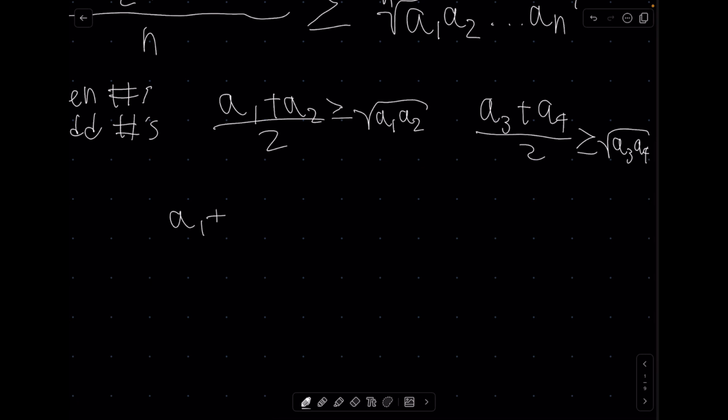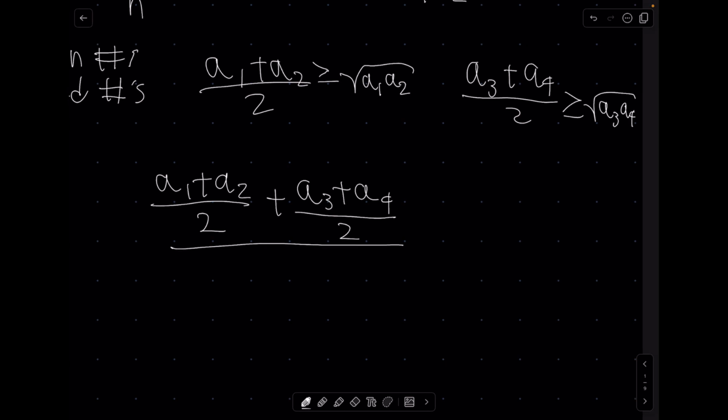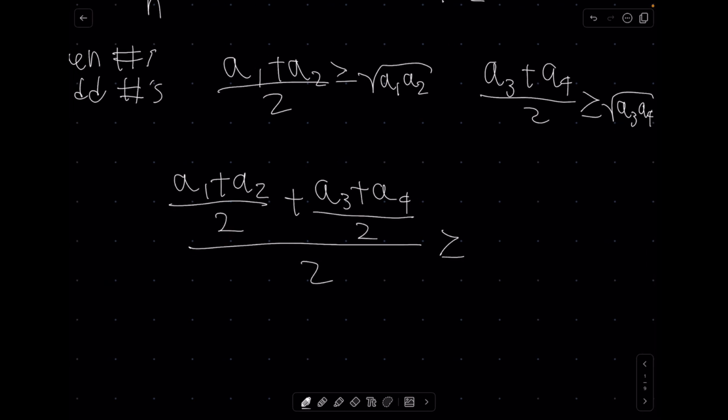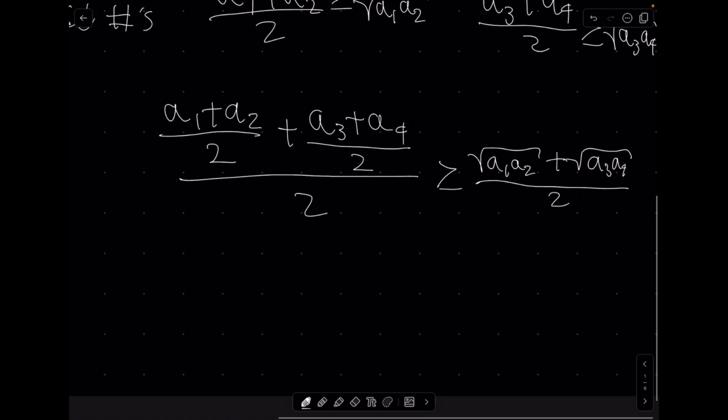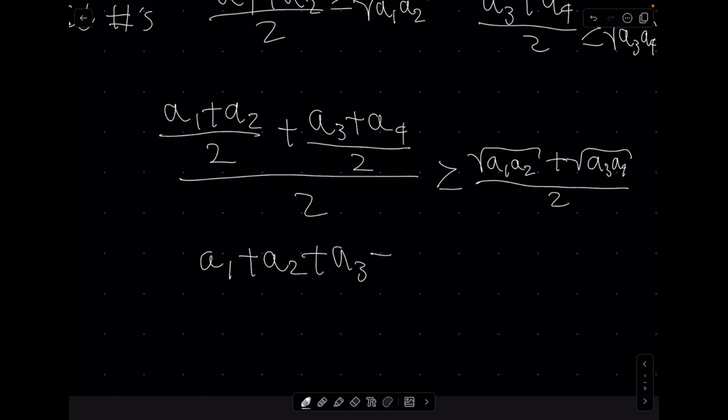So that's going to look like (a1 plus a2)/2 plus (a3 plus a4)/2, over 2, is greater than or equal to the square root of a1a2 plus the square root of a3a4, over 2. This side simplifies very easily to (a1 plus a2 plus a3 plus a4) over 4.